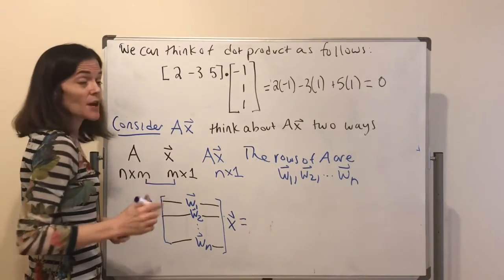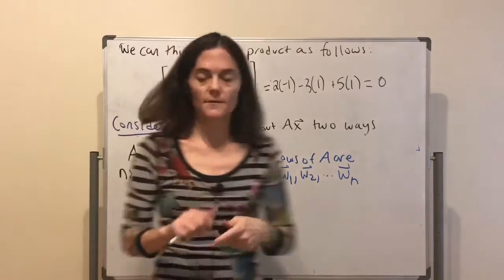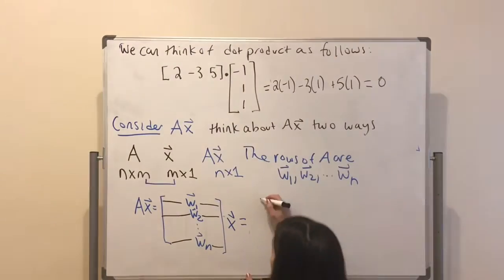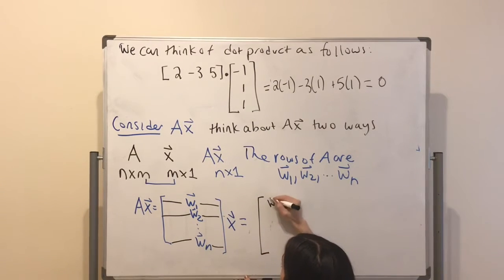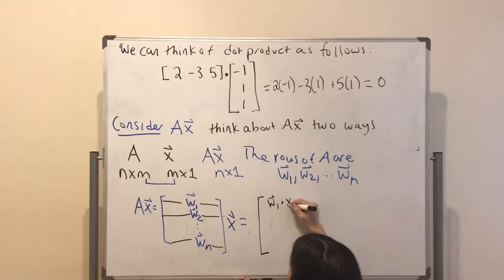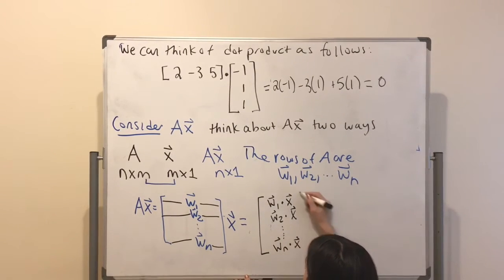I need to tell you the n different entries, and here is the way they are. This times this is going to be W1 dot x. That's a number. W2 dot x. That's a number, all the way out to Wn dot x. And that's a number.